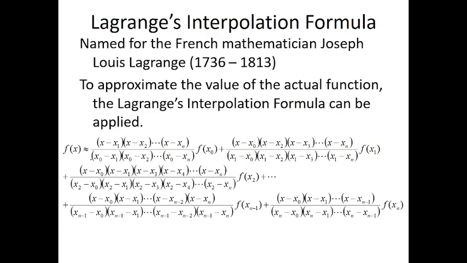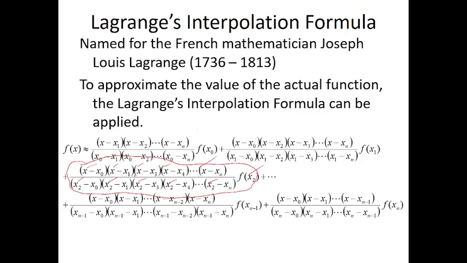So moving on with the third term. As you notice, this is x sub 2. All x values will be replaced by x sub 2, and we will not have x minus x sub 2.